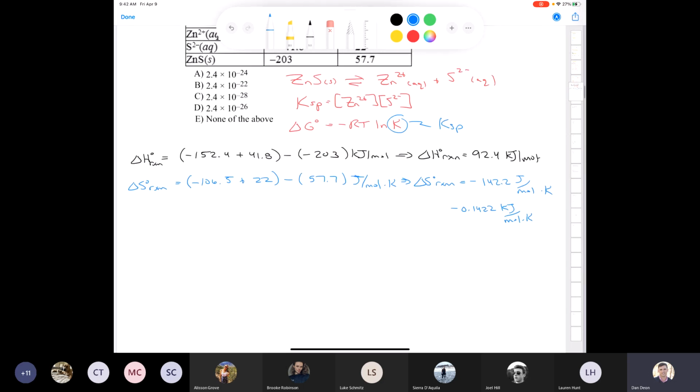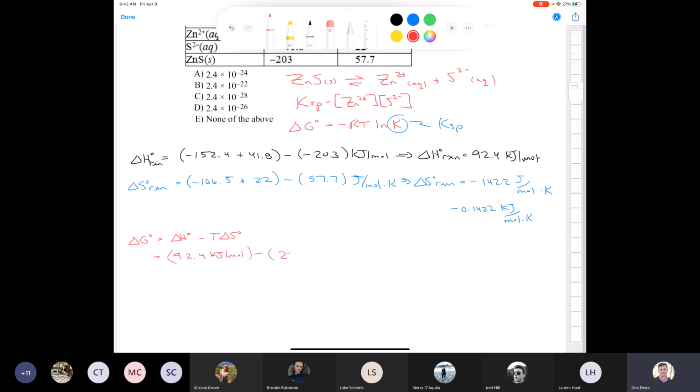Now that I have my delta H and my delta S, I can solve for my delta G. And my delta G naught is going to be equal to delta H naught minus T delta S naught. I know my delta H, which is 92.4 kilojoules per mole. Be sure you're confident in your units here.